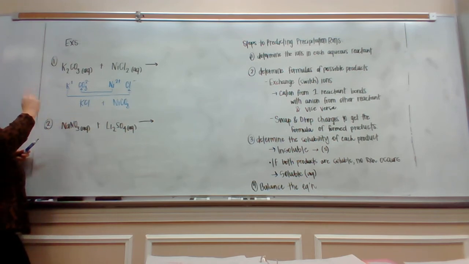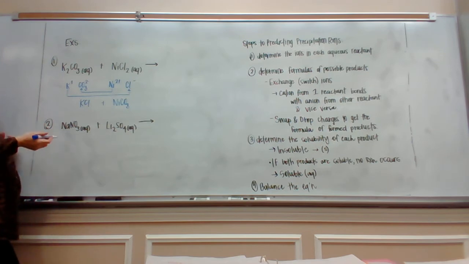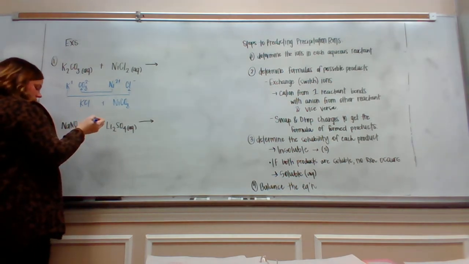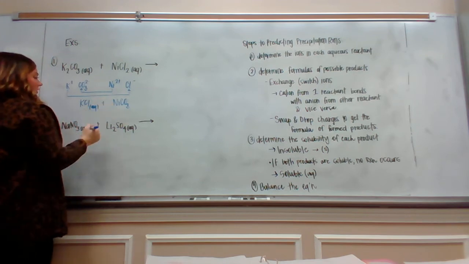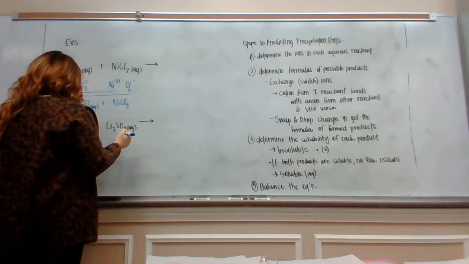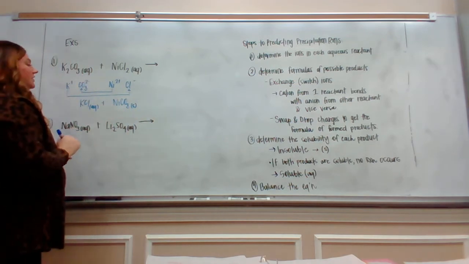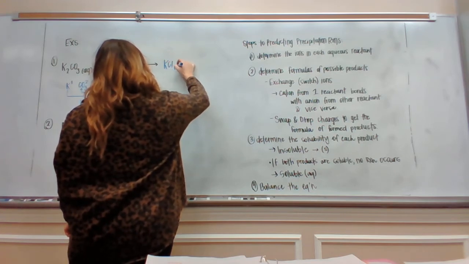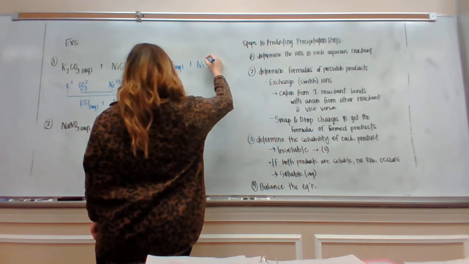But before I actually write them on the product side of the equation, let's make sure that I actually form a precipitate. KCl, soluble or insoluble? So it gets an aqueous behind it. What about nickel carbonate? It's insoluble, so it forms a solid. So now I can write these as for sure my products.